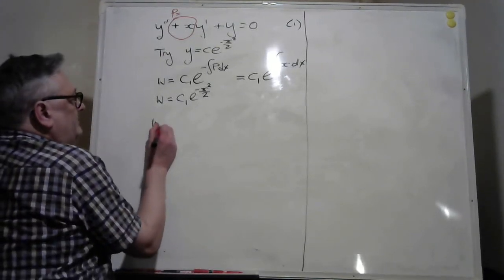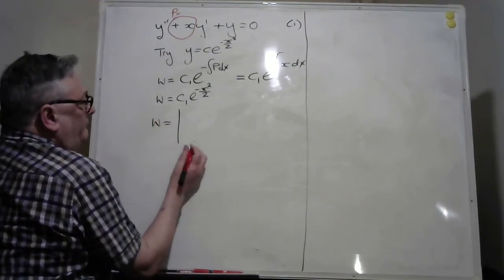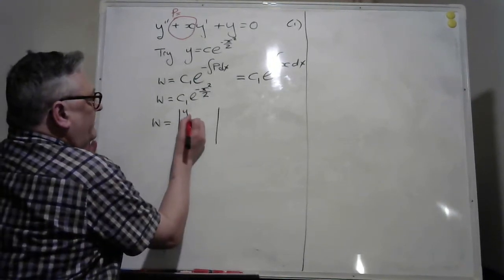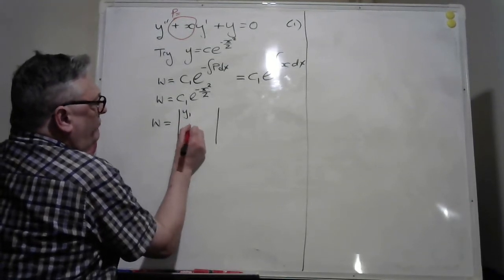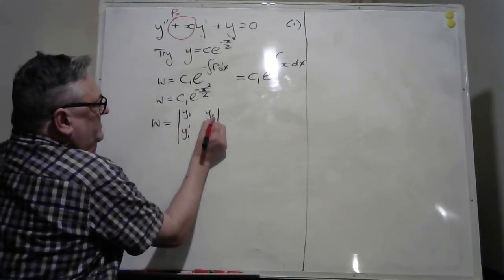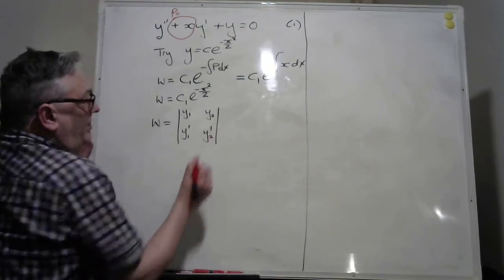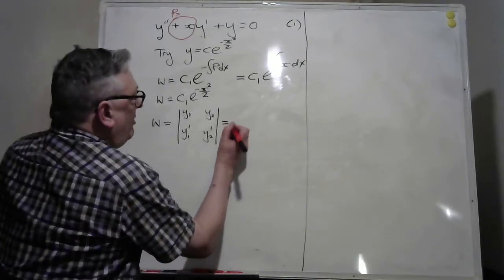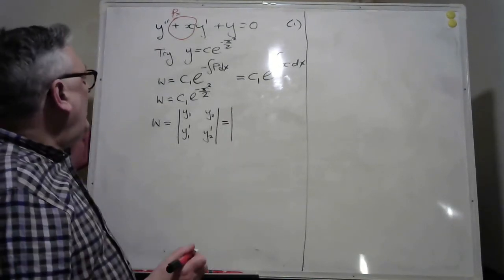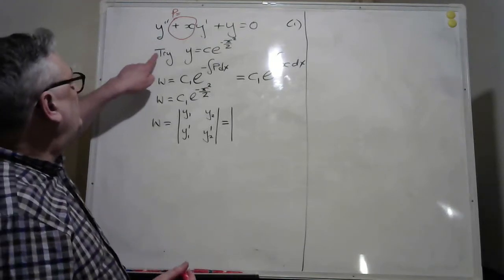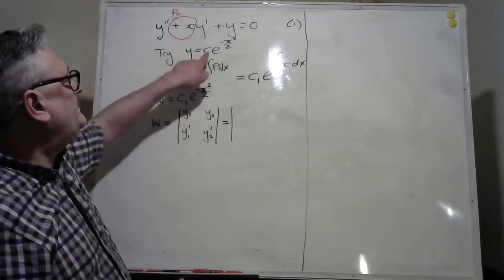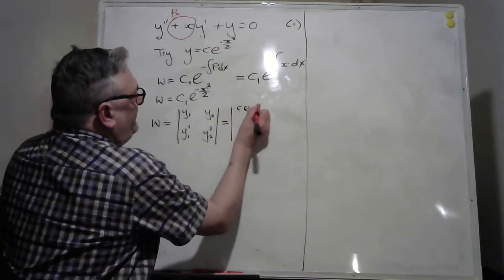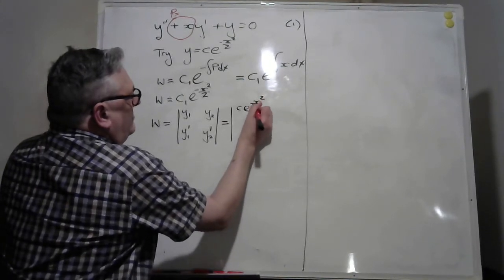So the determinant version of the Wronskian is, well, the first term is y1, then we've got y1 prime, then we've got y2 and y2 prime there. Now, I think I can write this all on one line. We know that the first solution is c e to the minus x squared over 2. So we'll write that there.